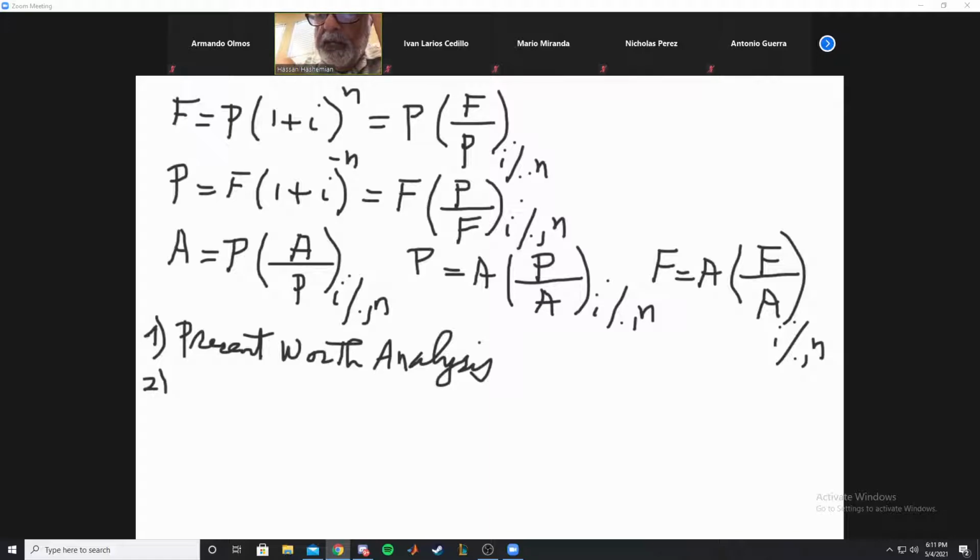And then we do the annual method. So we make everything annually, like A, and then the one that has a higher A will be the best alternative, net annual worth. Or we do rate of return analysis.